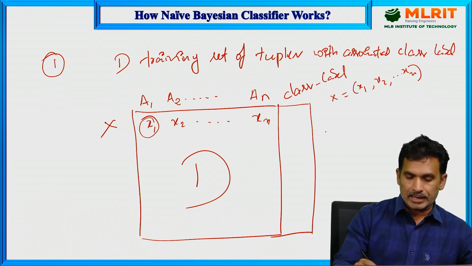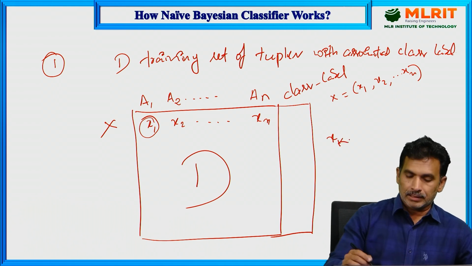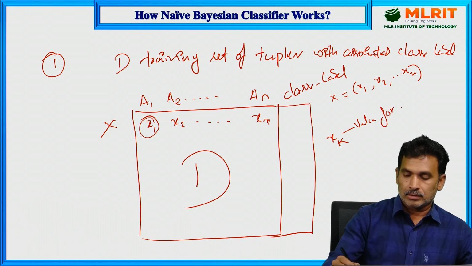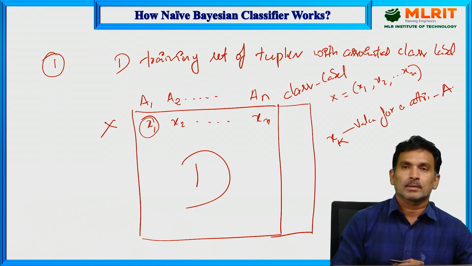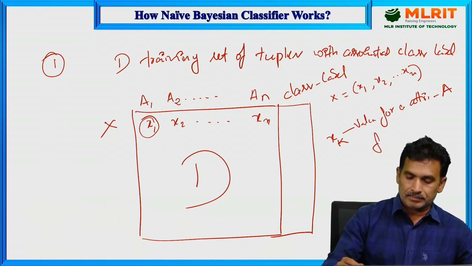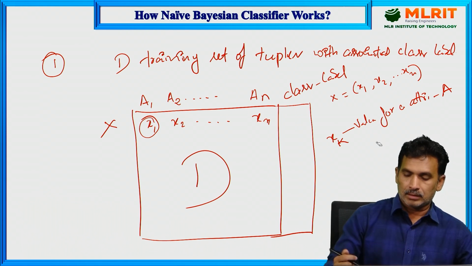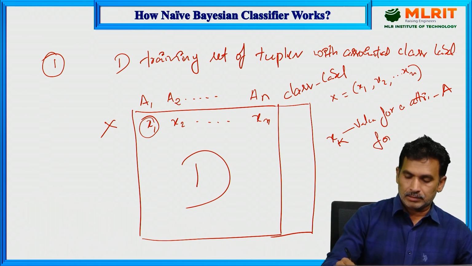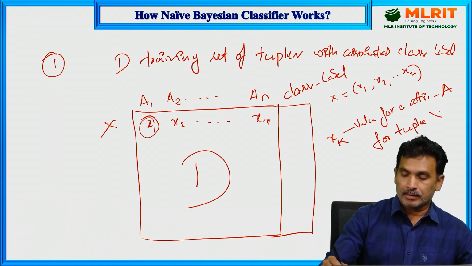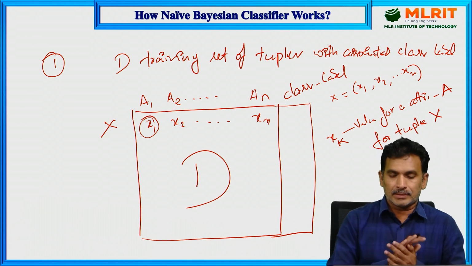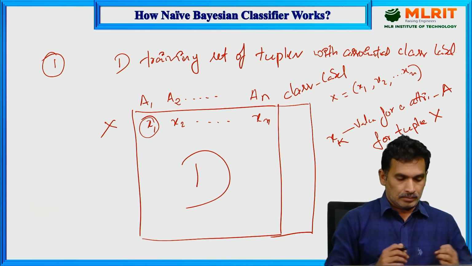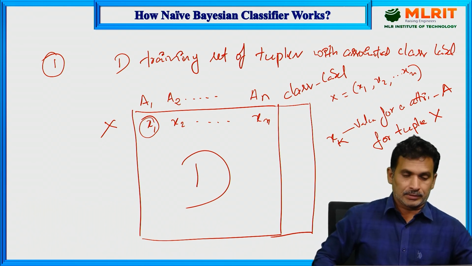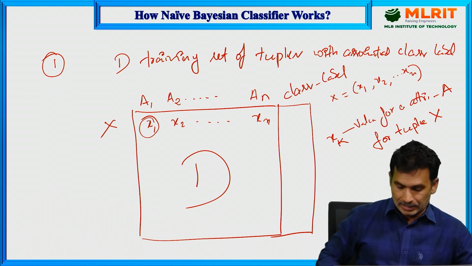If you take xk, it is the value of attribute ak for tuple X. This is the basic information required to understand the next steps, the different terms in this Naive-Bayes classifier.